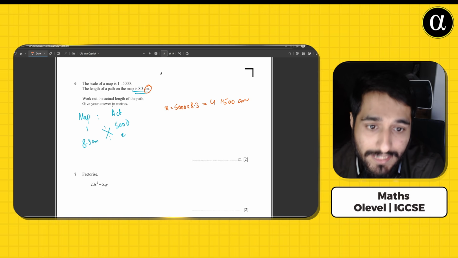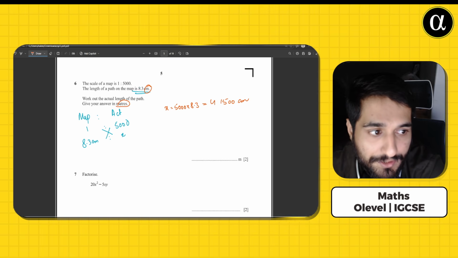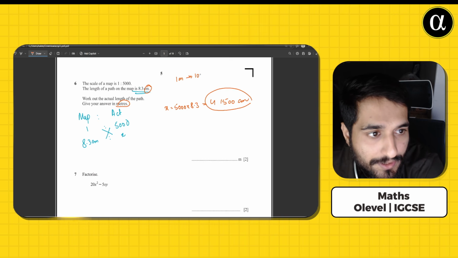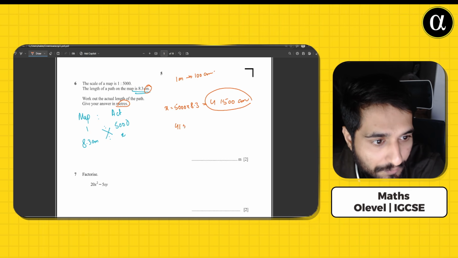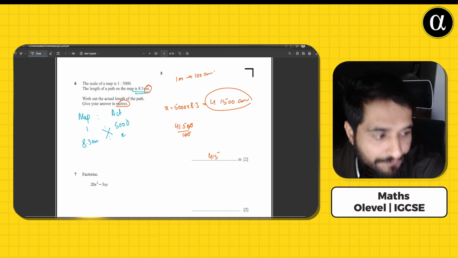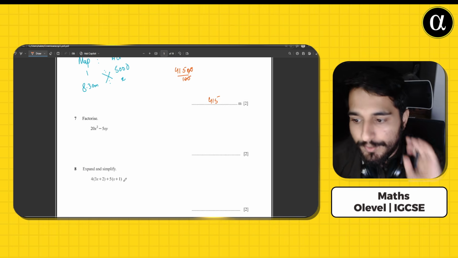Now, the examiner said that we are supposed to answer it in meters, which means we will have to convert this as well. And we know that 1 meter is equal to 100 centimeters. Hence, I will have to divide 41500 by 100, and the answer would turn out to be 415 meters.